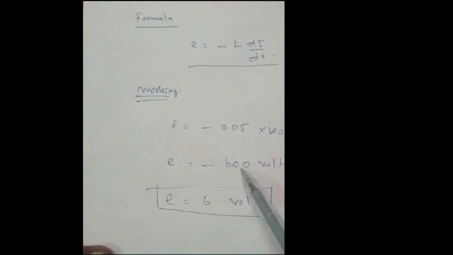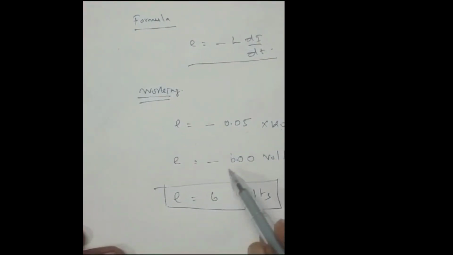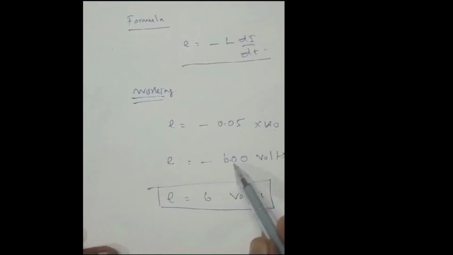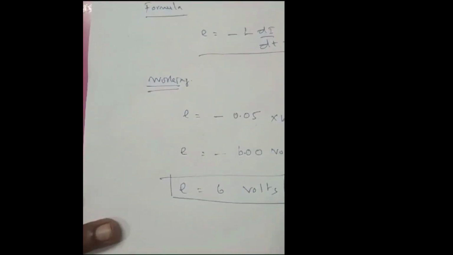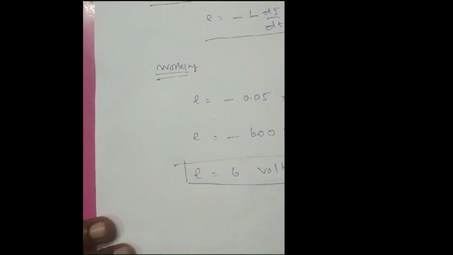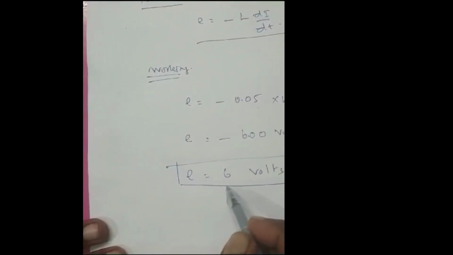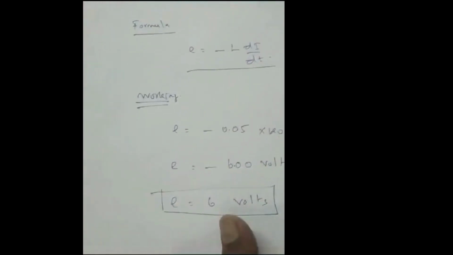Then we have minus 6. So here the negative sign is neglected, then we have E is equal to 6 volt. That is the end of the second problem. Now we have the third problem.